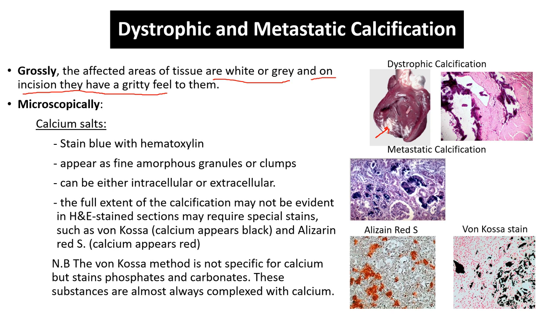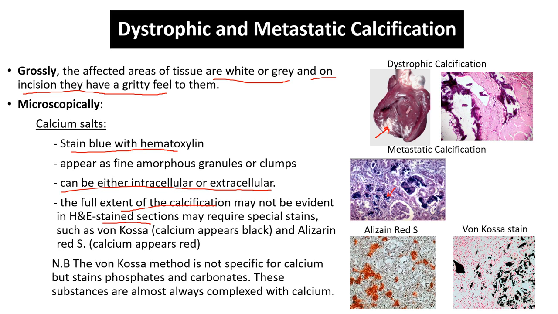On a microscope, the calcium stains blue with hematoxylin and appears as fine amorphous granules or clumps. For example, this is a clump of calcium and it's blue in color, and can be either intracellular or extracellular, inside the cell or outside the cell. The full extent of calcification can't be determined by H&E stained slide.